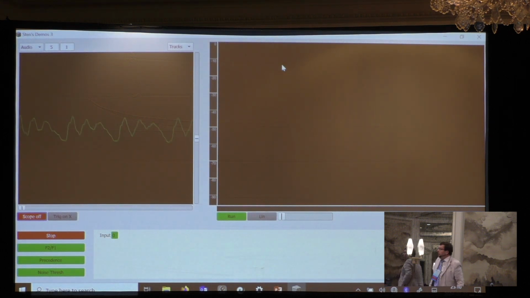Now, this is very quick. You can see that we get a number of cycles across that time frame, which is only a few milliseconds. If I increase the pitch, we get more cycles per second.